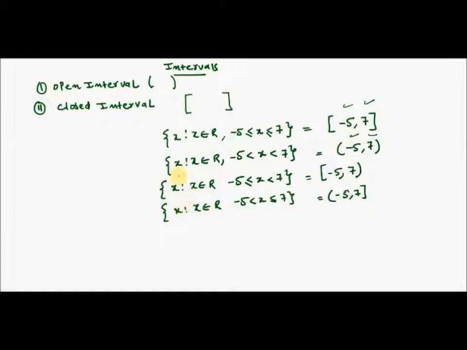Now this is what we mean by open intervals and closed intervals, and these two are actually semi-open intervals, or you can say semi-closed intervals, whatever you like, right? I hope you get this.